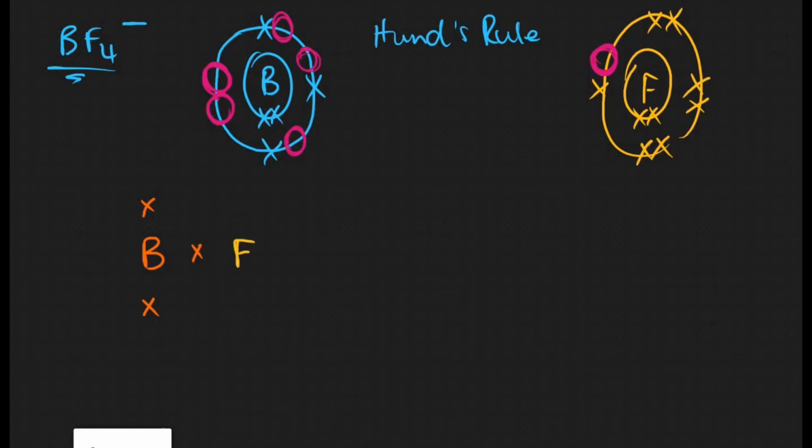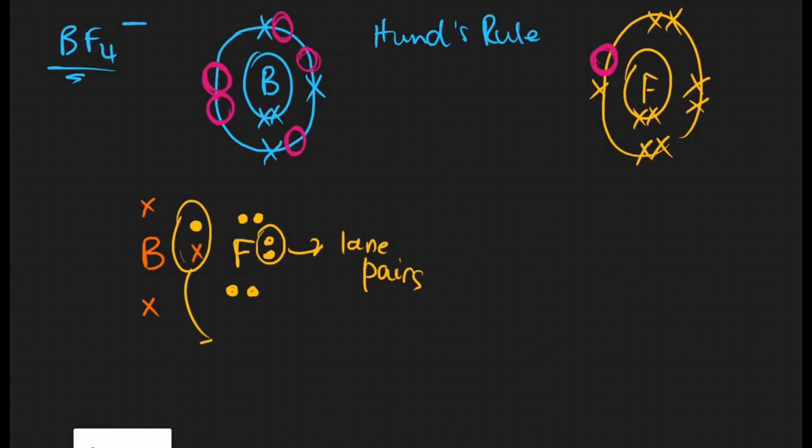So F, basically, and I'll represent these with dots, right? That would amount to 7, and the bonded pair here would make it 8. So that's what we call bonded pairs, while these here are what we call lone pairs of electrons. I guess this is quite easy to see.